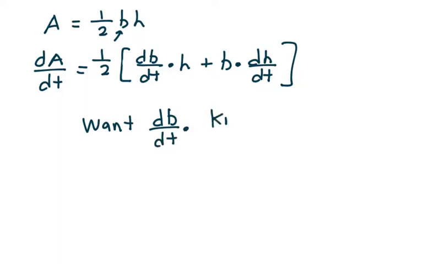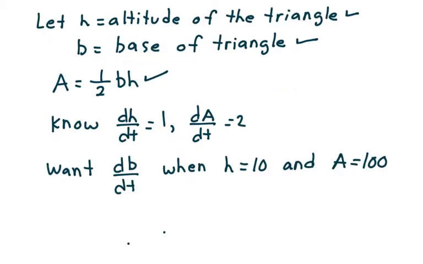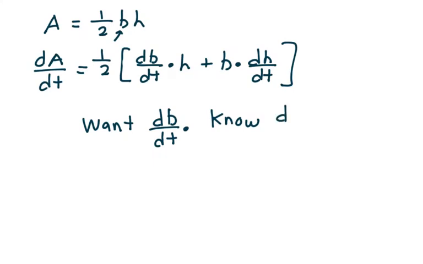So if we go back, we know dH dt is 1. dA dt is 2.